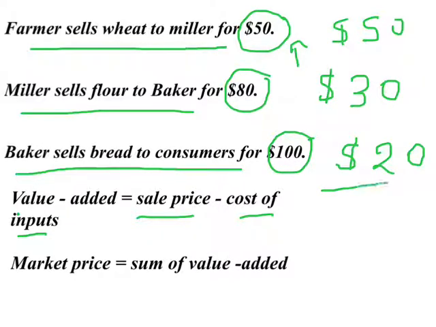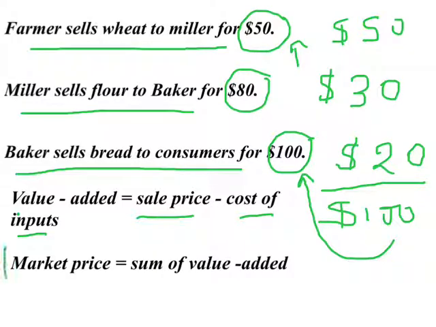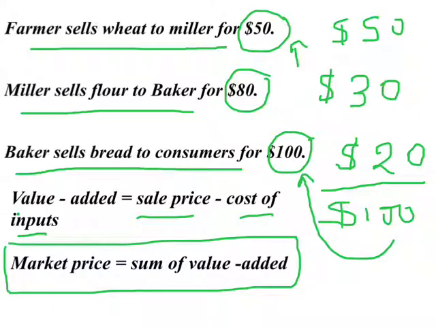And if you add up all the value added, what you'll get is $100. And this is the same thing as the price we have paid for bread as final consumers. So remember another rule: market price is a sum of value added.